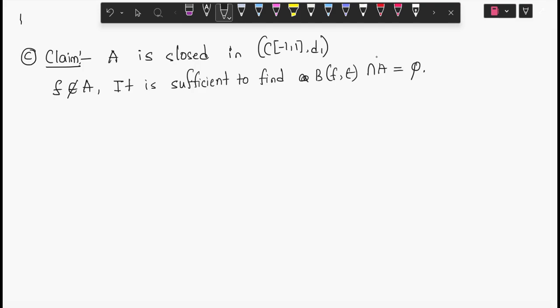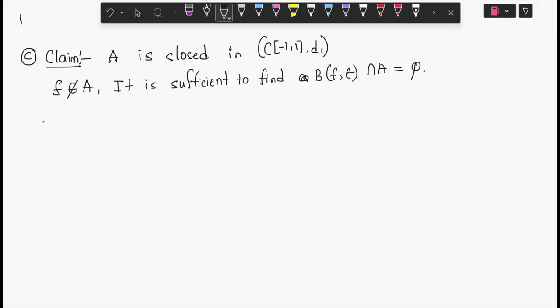If we are able to find an epsilon greater than 0 such that B(f, epsilon) intersection A is empty, then I can say that f is not a limit point of A. So any point lying outside A is not a limit point of A, and hence A is closed in the metric D1.